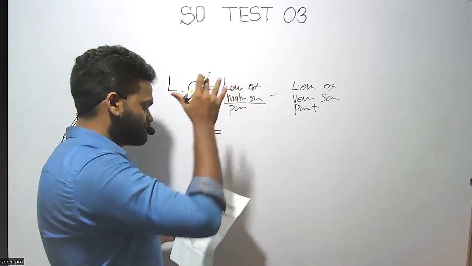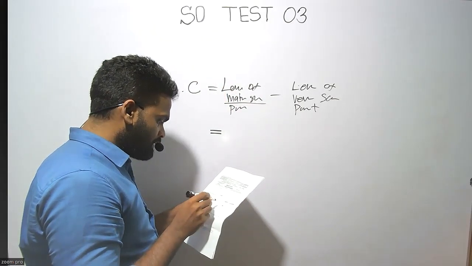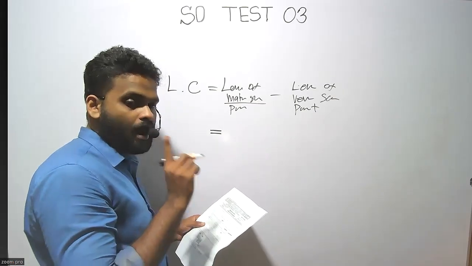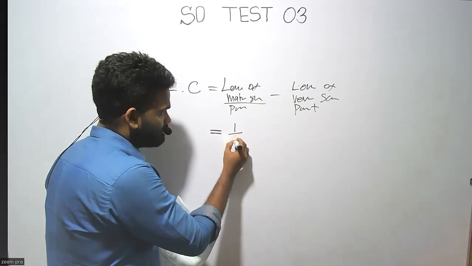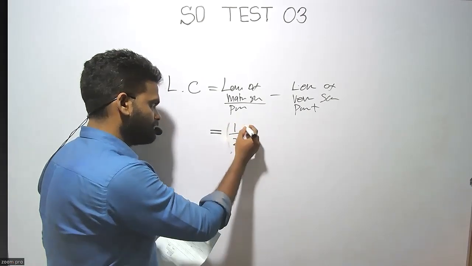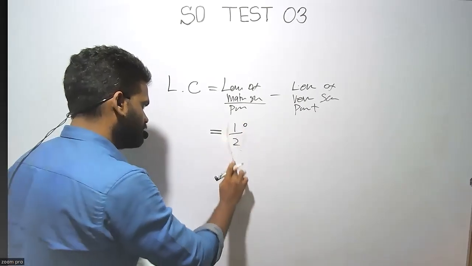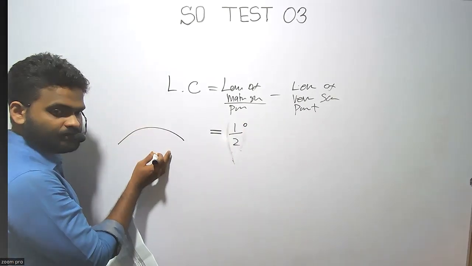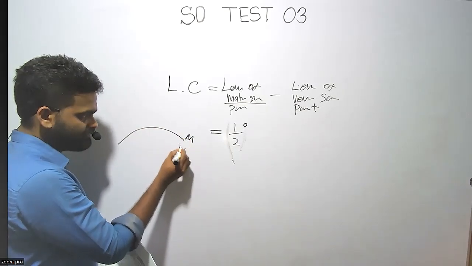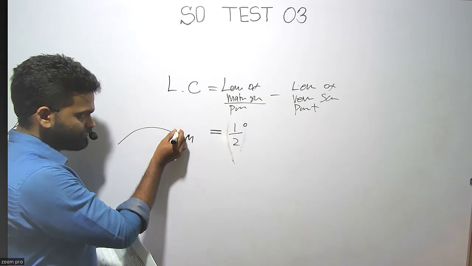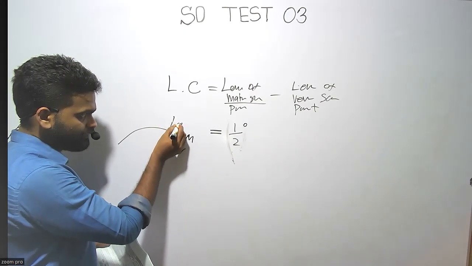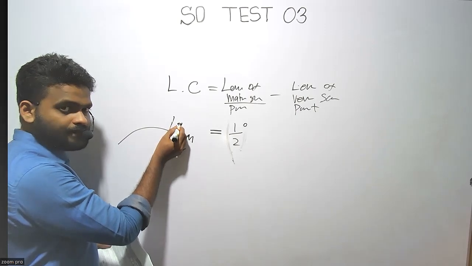Right. On to the question. As they say, circular scale is half degree, meaning the main scale has half degree angles. So it is like a circular scale like this, right? It also has a main scale and a vernier scale. So let's say this main scale, this gap is half a degree.